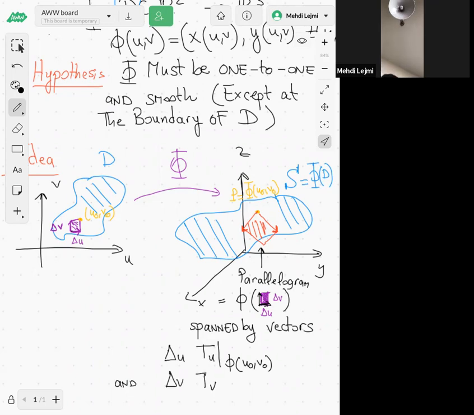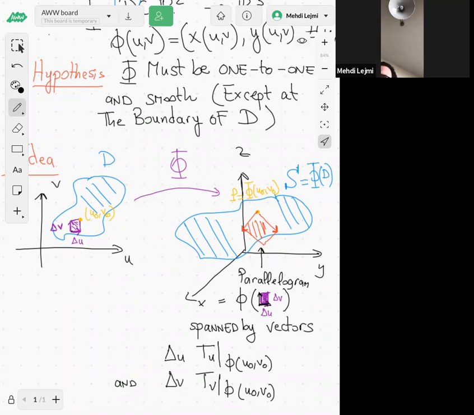So delta u, delta v, they're just numbers, right? They're just the lengths of the sides of my rectangle. T index u, t index v, they are vectors. All right, so this is at the point phi of u0, v0.